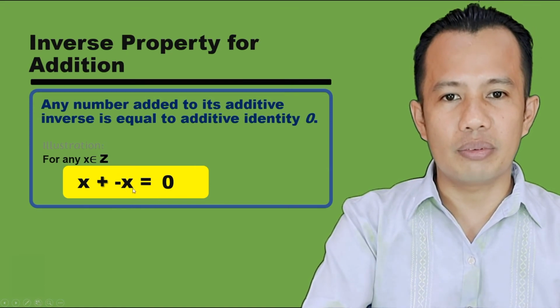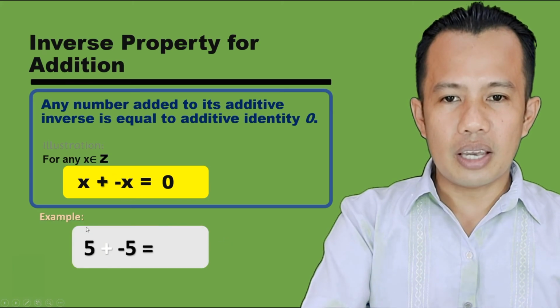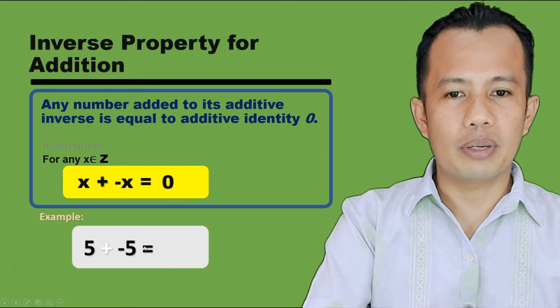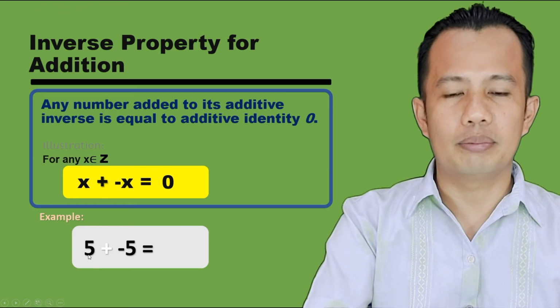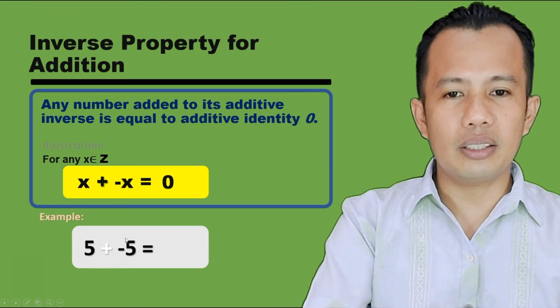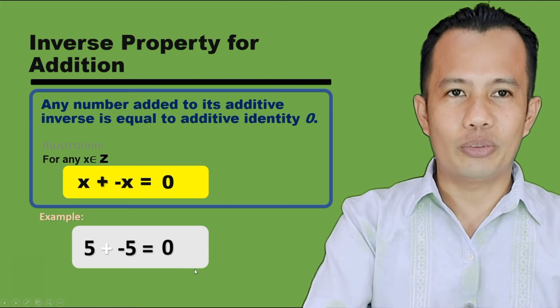This one is our additive inverse. Let's have this example. 5 plus negative 5. Negative 5 here is the additive inverse of 5. So, any number added to its additive inverse will always result to 0.